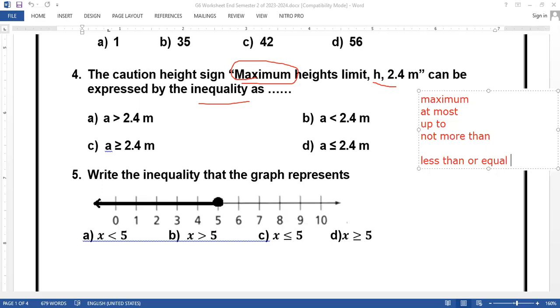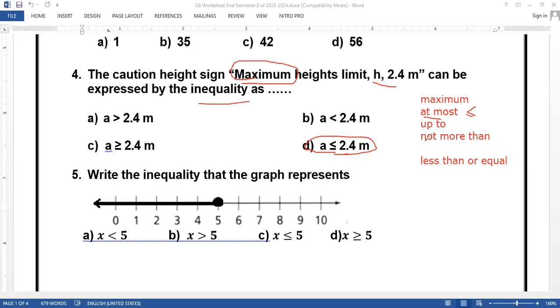So the answer here is the sign less than or equal. So H, which is the height limit, is less than or equal to 2.4. You have to remember, at most means less than or equal.